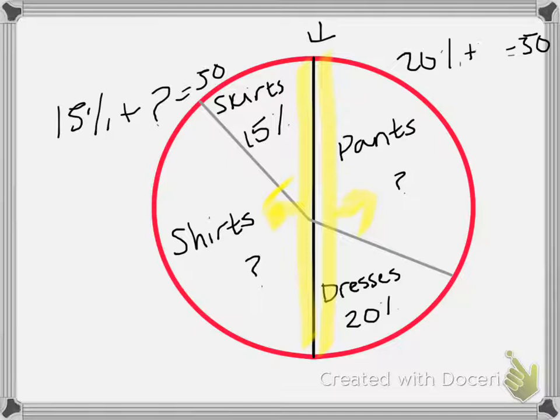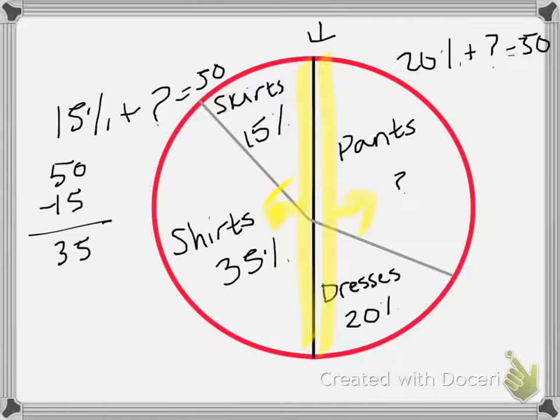Sorry, that doesn't look like a question mark. So then when I look at it that way, I do have enough information to solve for both pieces, because I could take 50 minus 15, which equals 35, which means my shirts are no longer a question mark, but they are 35%.